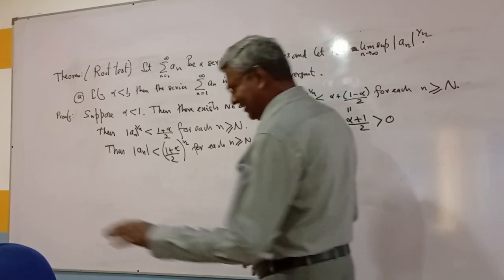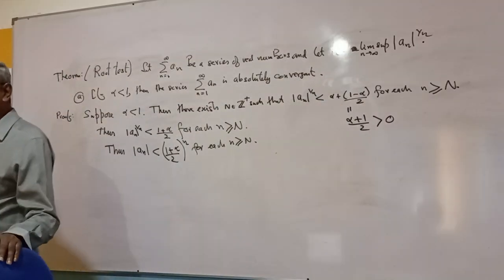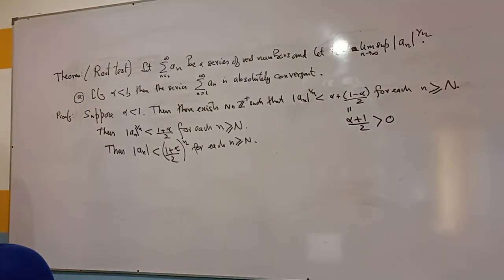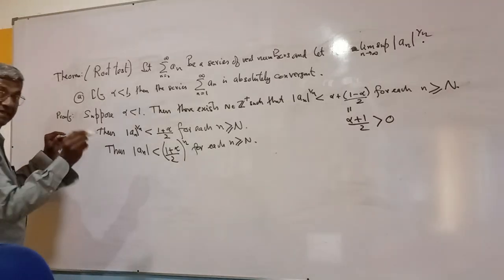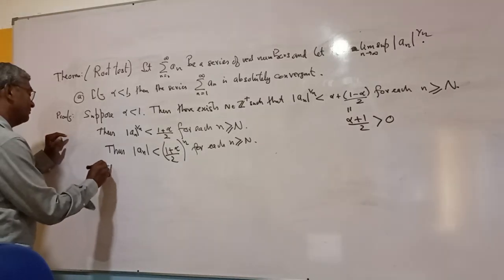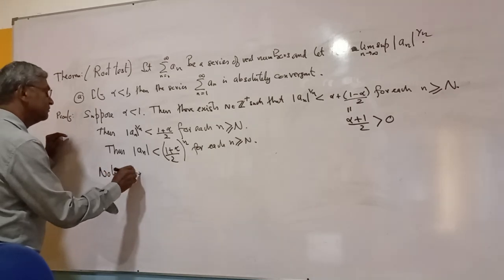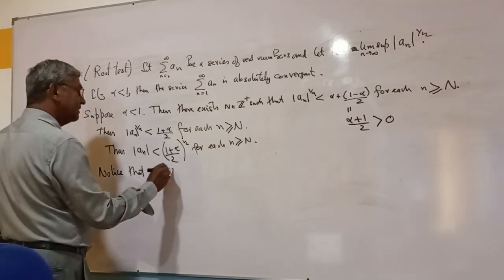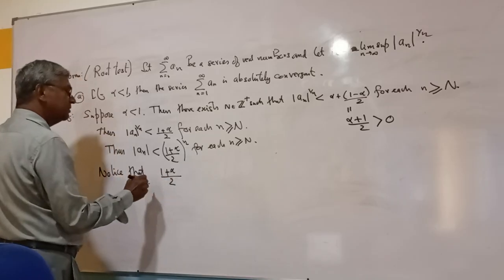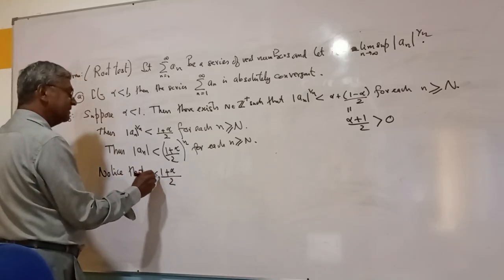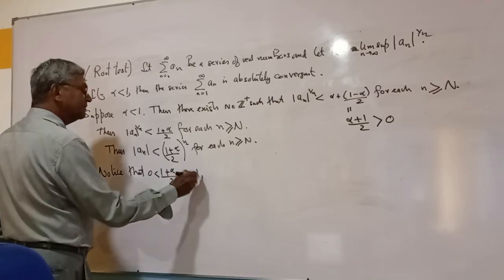But now you need to come to the positive side, and now I have given you only negative 10. But you have observed the most important thing. Let's write that also. Notice that (1 plus alpha) divided by 2 is greater than 0 and strictly less than 1.